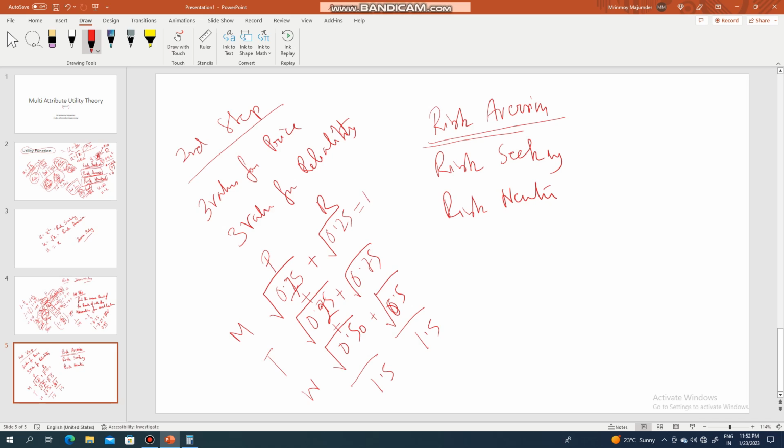So Pm plus Ra, this is also Pt plus Rd. The value in price plus the value in reliability is added for the Maruti option, Toyota option, and also Wagoner. So you see, when you are square rooting, you are risk averting.